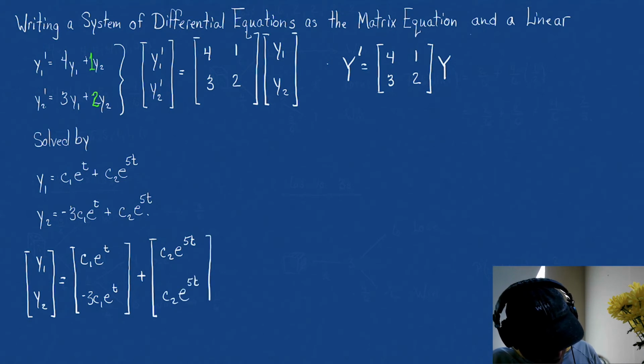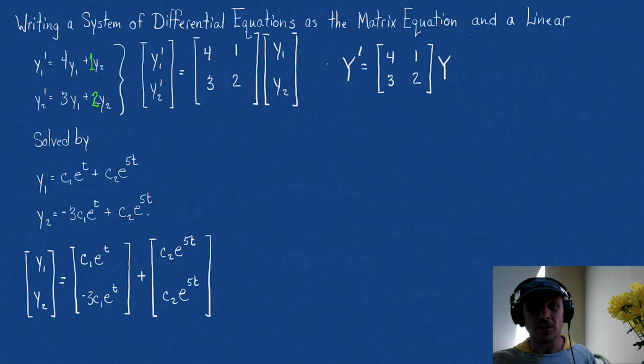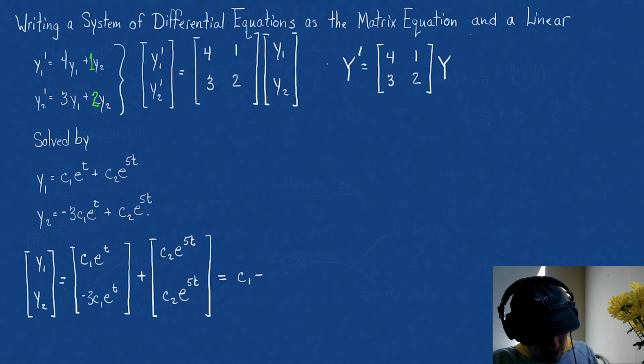But we can do better than that, because the vectors need to be in the bare bones minimum. In other words, in this first column vector, c1 and e to the t, that's just a scalar. That's just scalar multiplication. So I'm going to write the first vector as the scalar c1 e to the t times the vector of 1, minus 3.